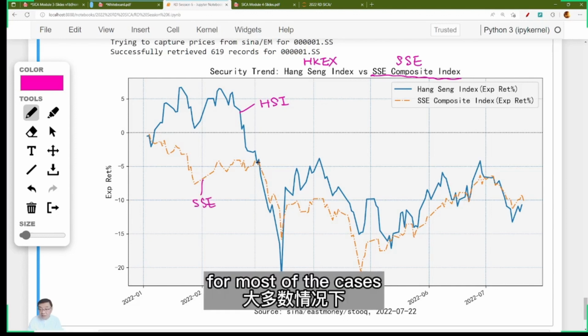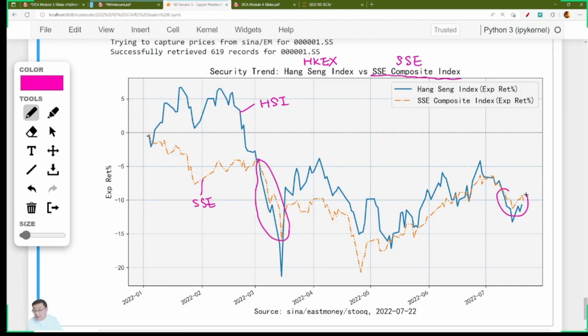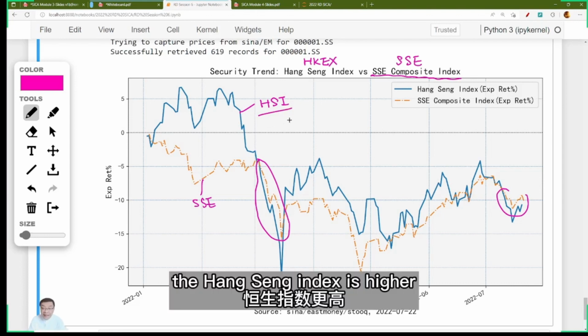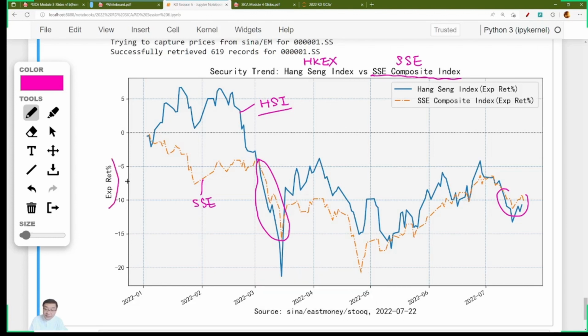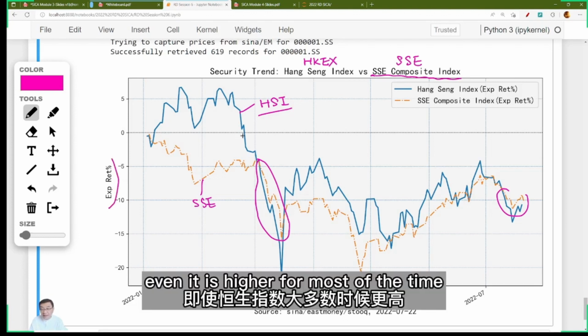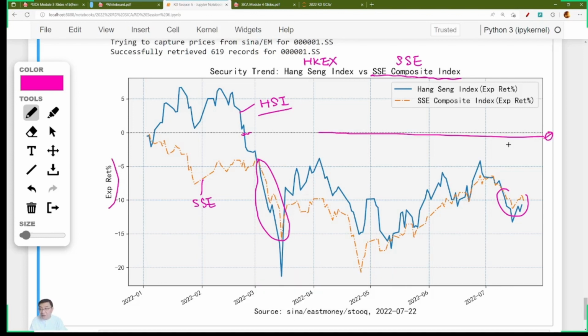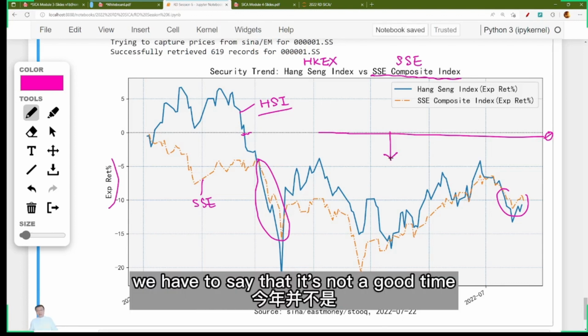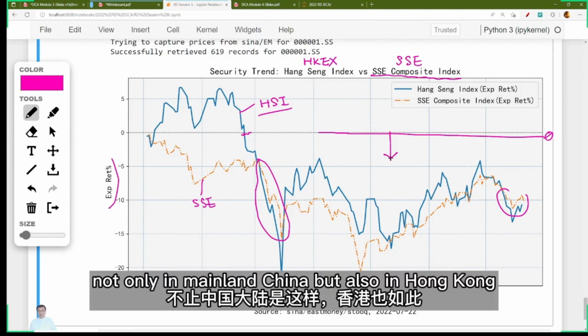Well, for most of the cases, except here and except here, the Hang Seng Index is higher in terms of expected return. Even though it is higher for most of the time, they are below zero, right? This year. So for this year, from these pictures, we have to say that it's not a good time to do investment in stock market, not only in mainland China, but also in Hong Kong.